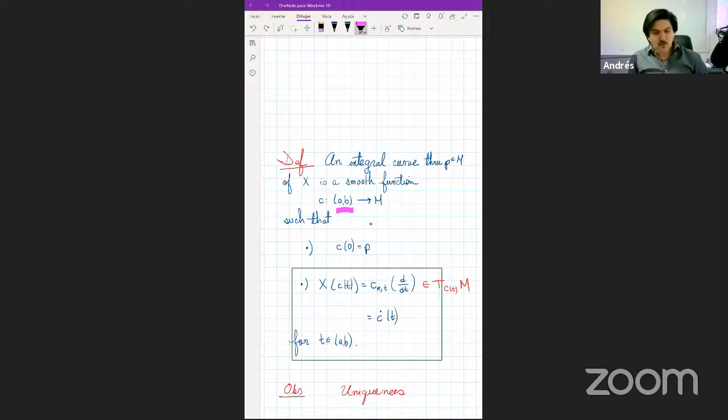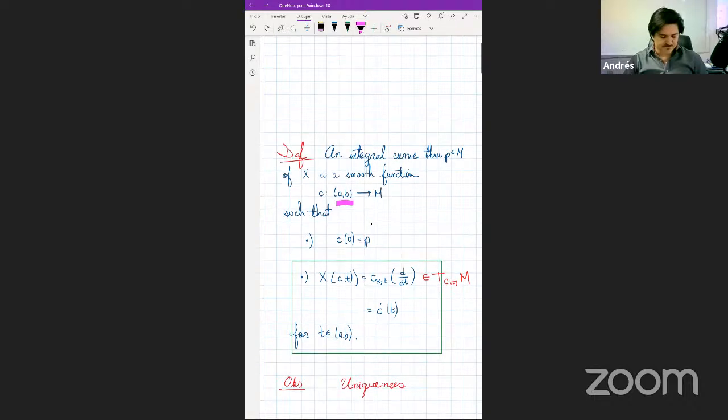So that's the crucial important thing about an integral curve related to a vector field. That's what we saw last time before the break. We even covered a few examples. I just copy here the definition that we saw last time, but we also showed the existence of an integral curve because it was just a differential equation.